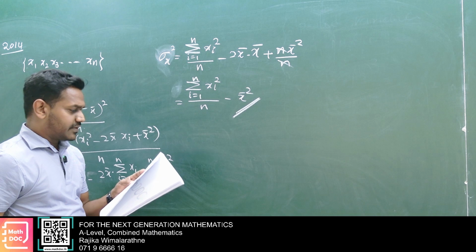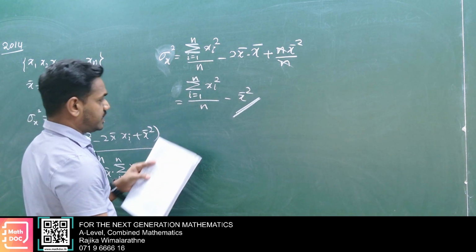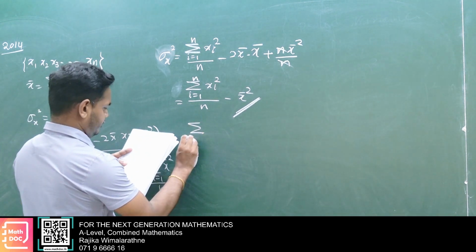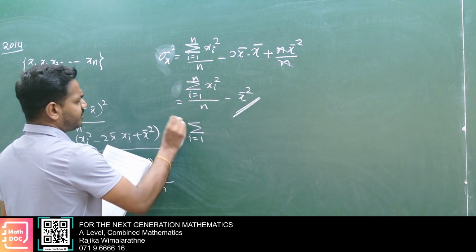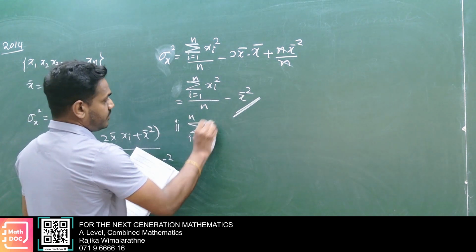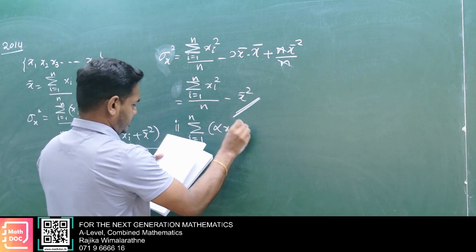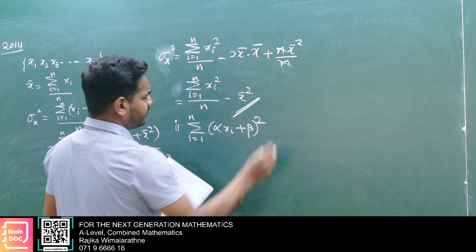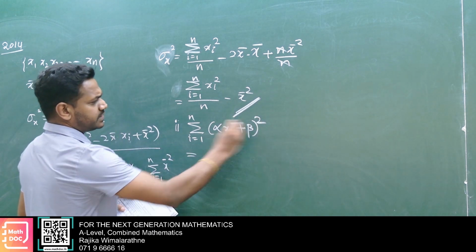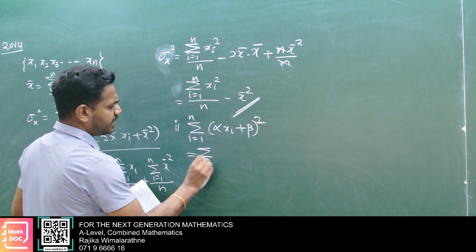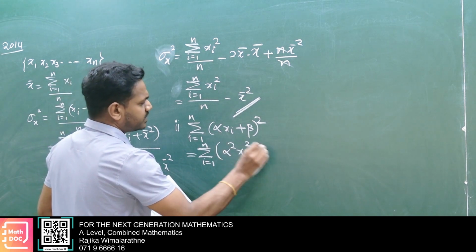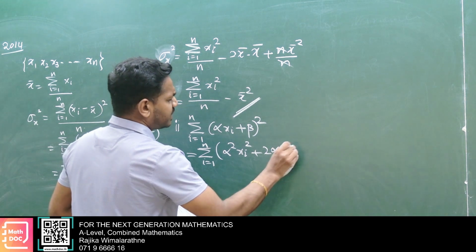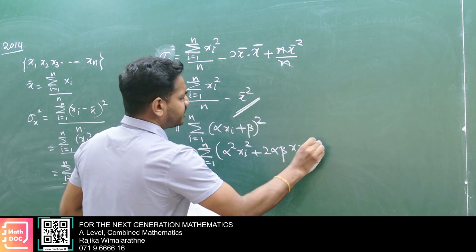Let alpha and beta be real constants. Now here we have to prove the second part: sigma i equals 1 to n of (alpha xi plus beta) squared. So expand the inner bracket: alpha squared xi squared plus 2 alpha beta xi plus beta squared.